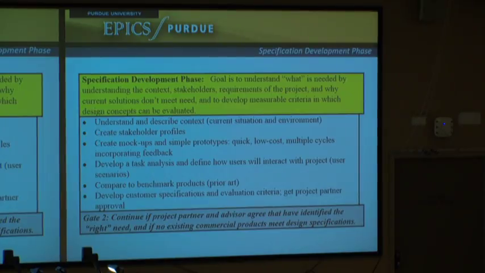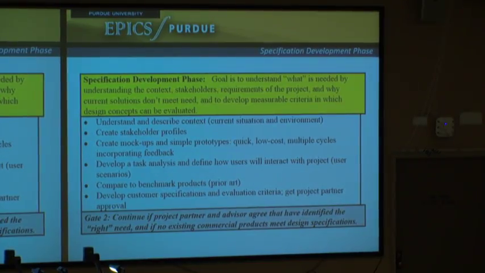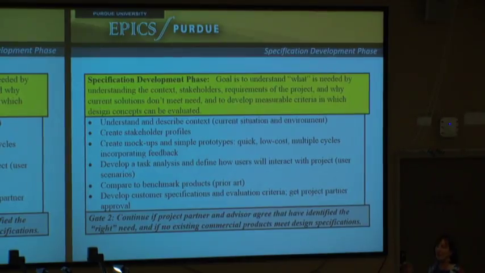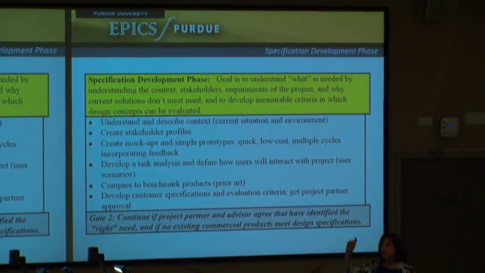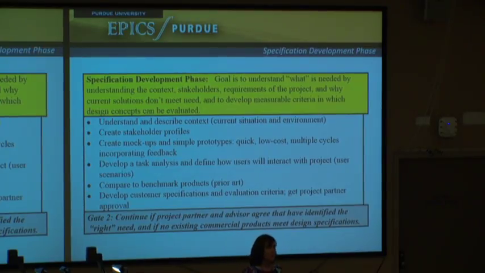The next phase that's very significant is specification development. This is a phase that tends to get overlooked, or not enough focus is put on it. But if you do this well, the rest of the design will follow.